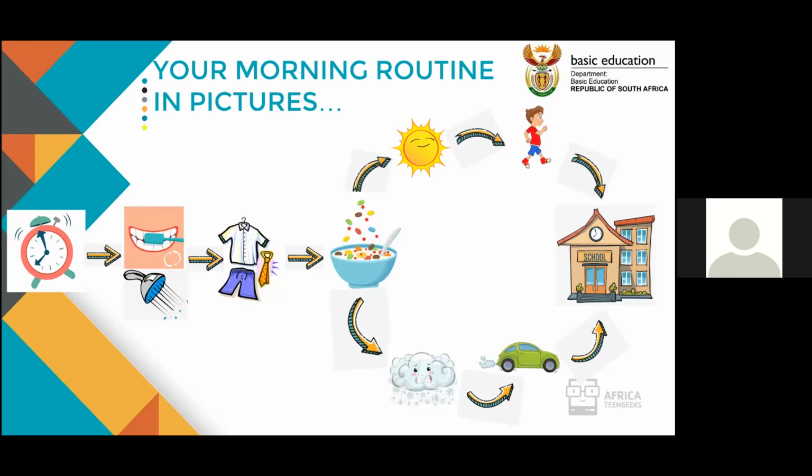You're going to check if the weather is sunny, then you are going to walk to school. And the arrow that's going down is pointing to the cloudy and rainy weather. If the weather is not too suitable, if it's rainy or very cold, we got a picture of a car there. So you would probably be driven to school by your parents.